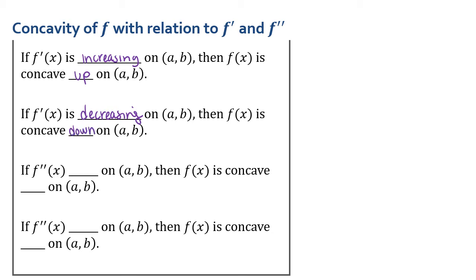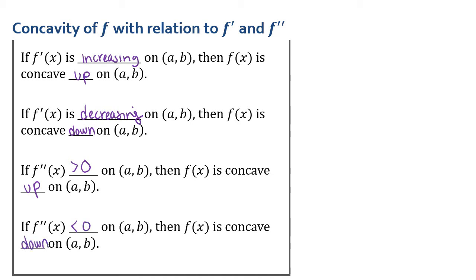Again, if you think about that, that means the derivative is slowly going down, which is going to cause a bend in the original function. If the second derivative is greater than 0, then the function is concave up. And if the second derivative is less than 0, then the function is concave down.